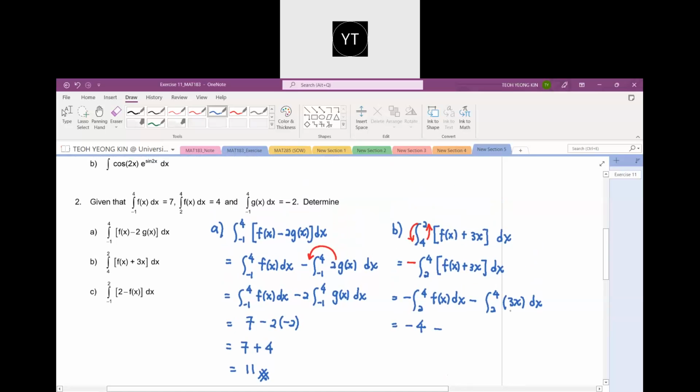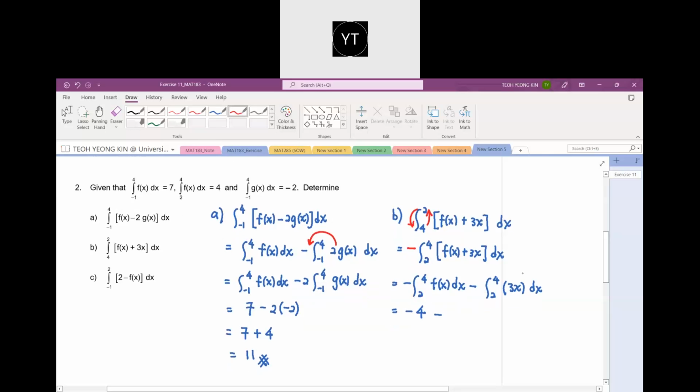Minus, for this part, we have to integrate manually. This is actually x to the power of 1. So when I integrate, I should get 3x squared over 2 from 2 to 4.